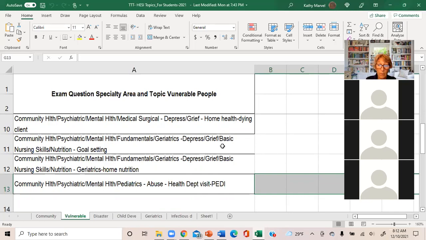And what did we talk about? We talked about family members that are not engaged, right? So maybe they're asking what would be some strategies that the home health or hospice nurse could use with families that are not engaged. Do you remember that part of our learning during the term?